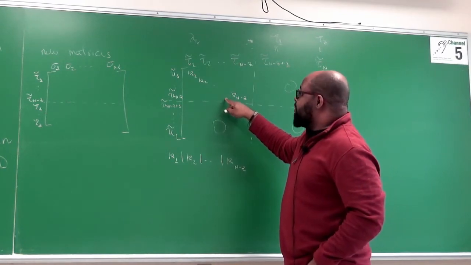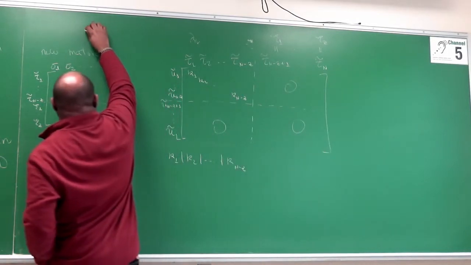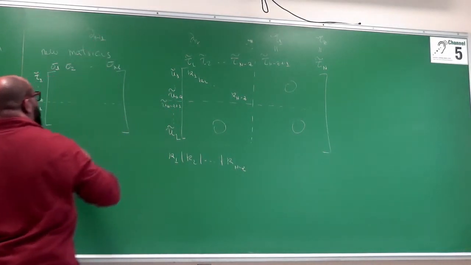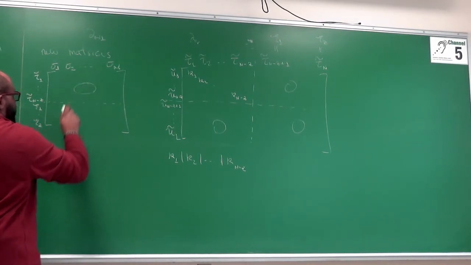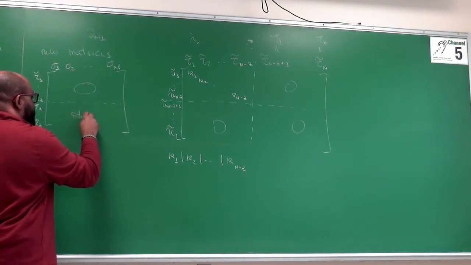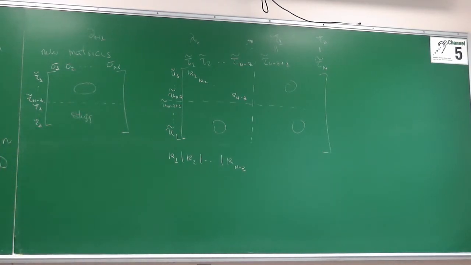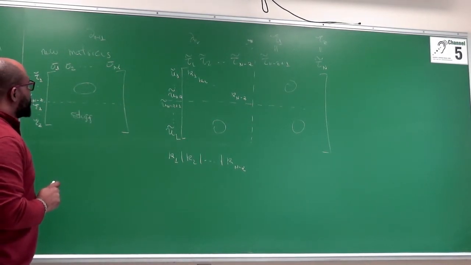So that means that they cannot get hit by delta n plus 1. In other words, this is actually 0, and here we just get stop. Okay? So that's the first observation.